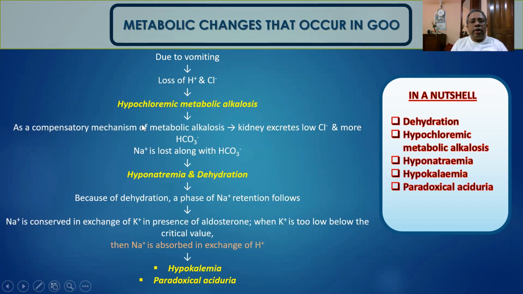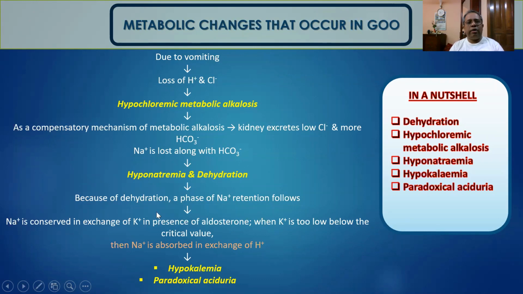But the body has compensation, the capacity to compensate the electrolytes by kidney mechanisms. As a compensating mechanism for metabolic alkalosis, the kidney excretes low chloride and more bicarbonate. Sodium is lost along with the bicarbonate, so there is hyponatremia and dehydration.